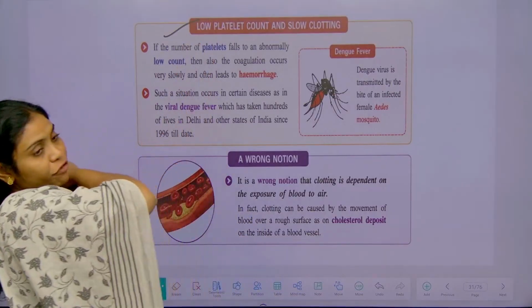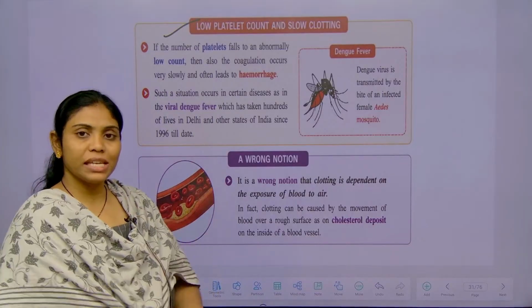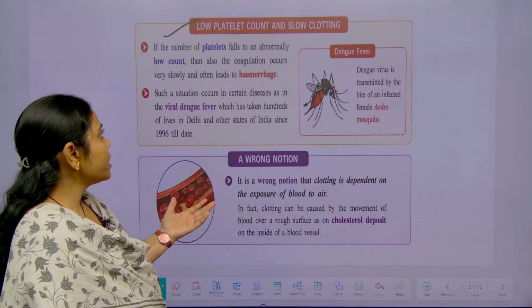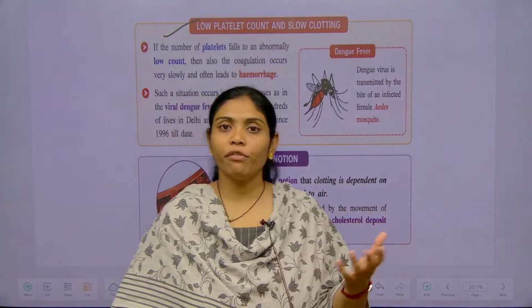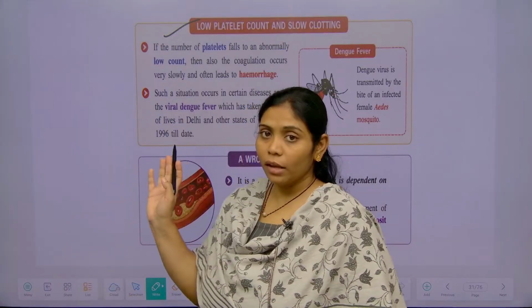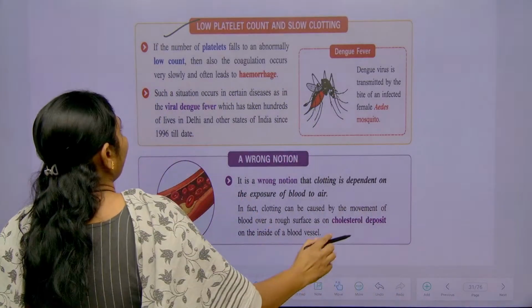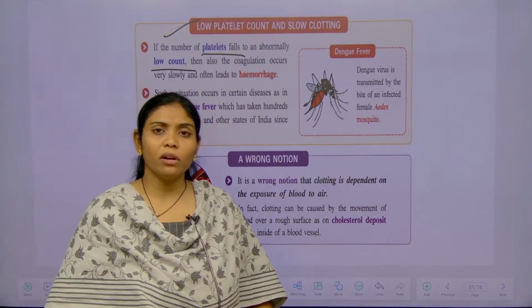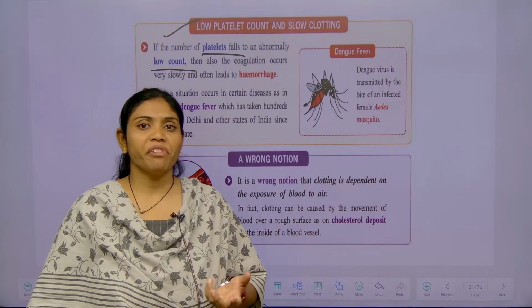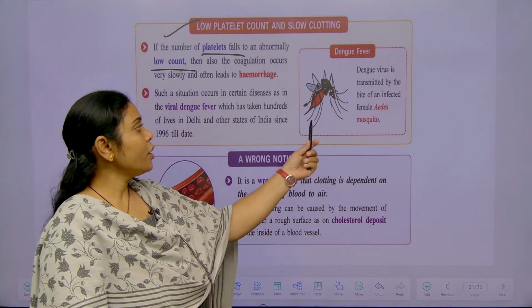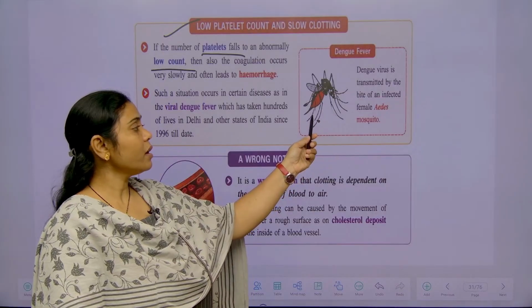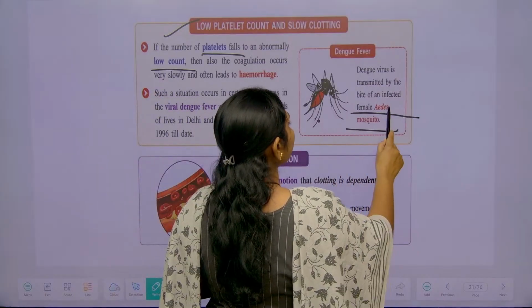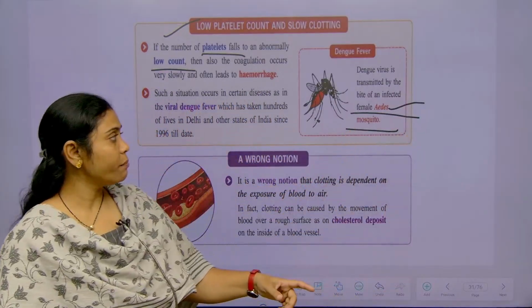Low platelets: if the platelet number decreases, is there any problem to the human being? Yes, of course it is a problem. Why? Because platelets are mainly helpful for the clotting process. You might have heard that a person is suffering with dengue fever. Dengue is caused by a mosquito bite, by the female Aedes mosquito.